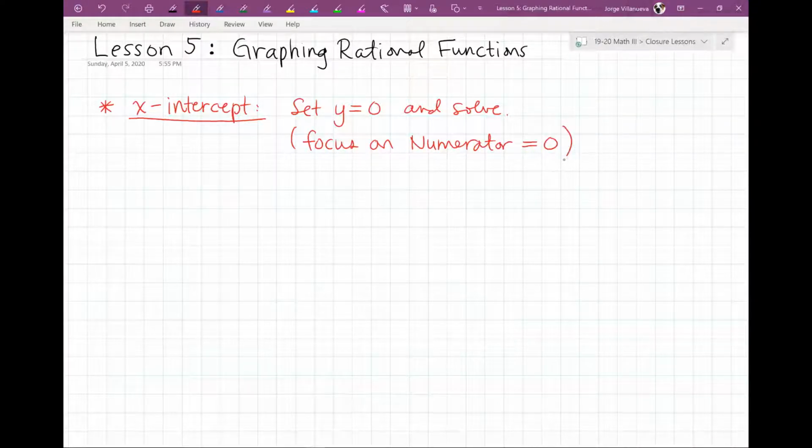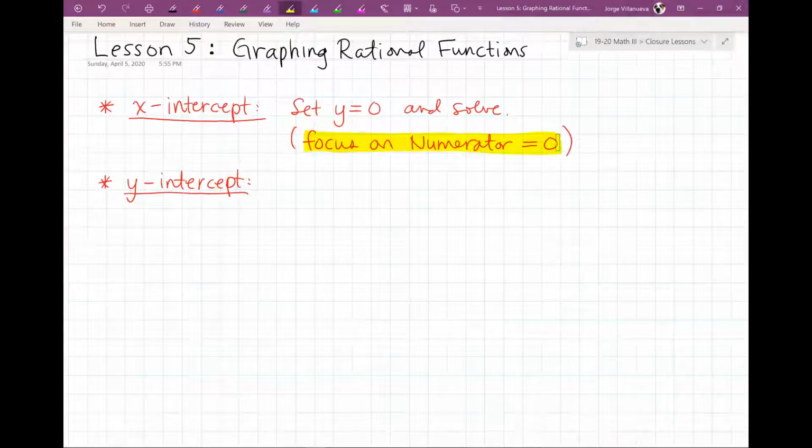Okay, if we end up with some kind of fraction, then just set the numerator equal to 0. So focus on the numerator and making sure that that is equal to 0.